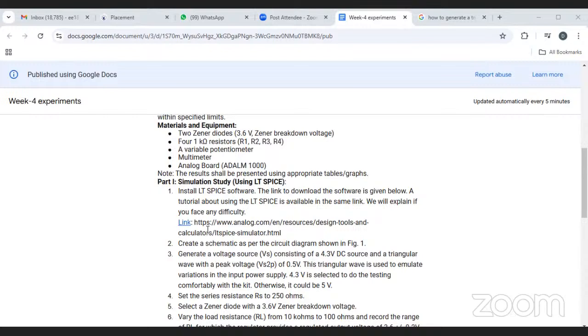We use it so that, before going for a practical implementation of the circuit, we implement the circuit in that software virtually and see the expected outputs from our circuit.